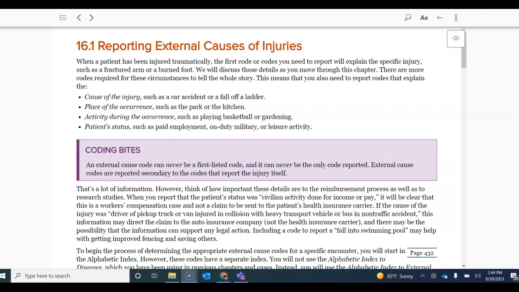Hi coders. So now we finally get to chapter 16 in your book, which is those dreaded external cause codes. As you have determined by now, external cause codes have their own index, which is after the table of drugs and chemicals in your I-10 book.